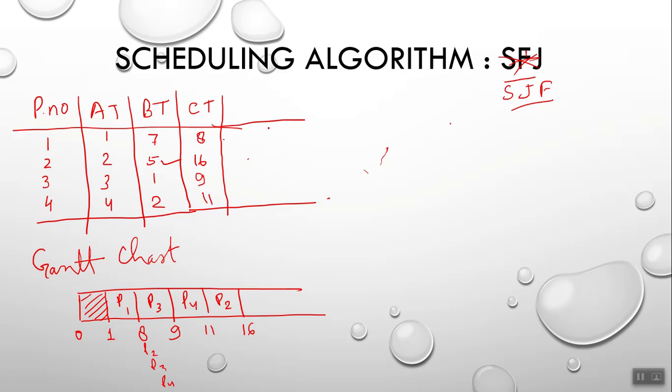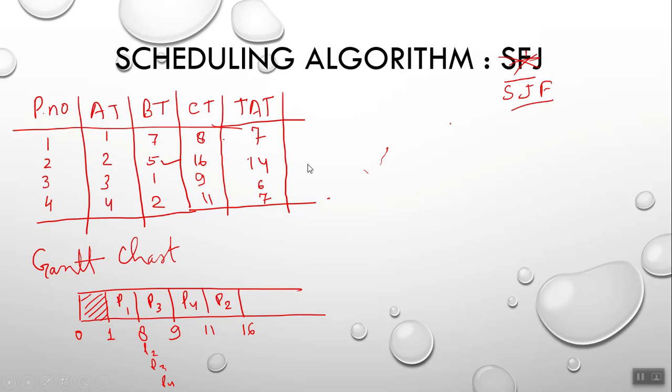Now we have to find the turnaround time. The turnaround time is completion time minus arrival time, which gives 7, 14, 6 and 7, right?